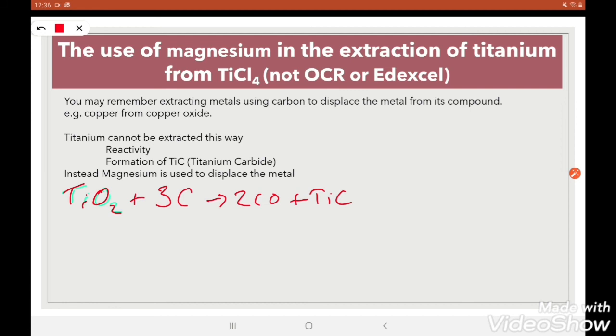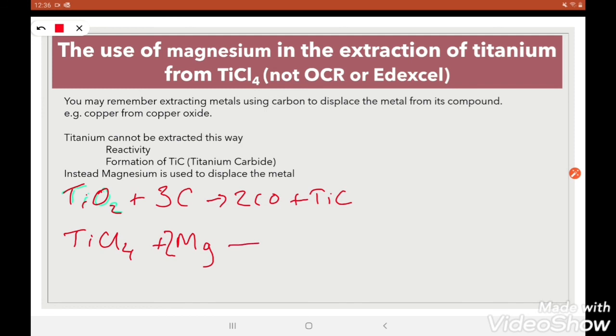So what they do is they take our titanium oxide and react it with chlorine in the presence of some carbon, and they make this stuff called titanium chloride. Sometimes it's called tickle. So it's this titanium chloride which we then reduce using magnesium.